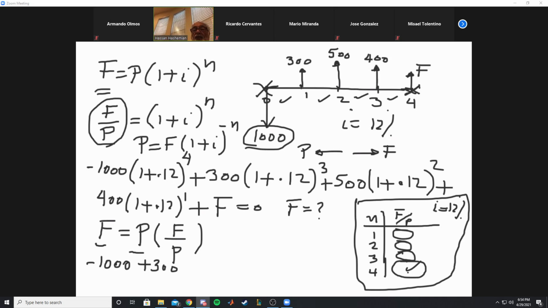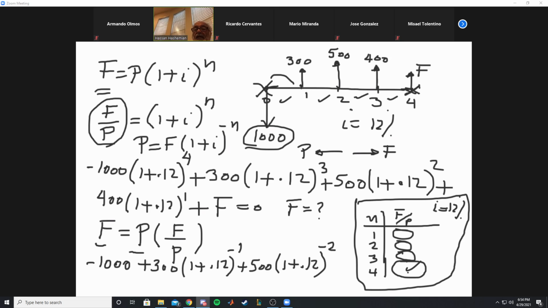So I have to multiply this by 1 plus i, which is 0.12, to the power of minus 1, because I have to bring the 300 one year back. And then plus 500 times (1 plus 0.12) to the power of minus 2.